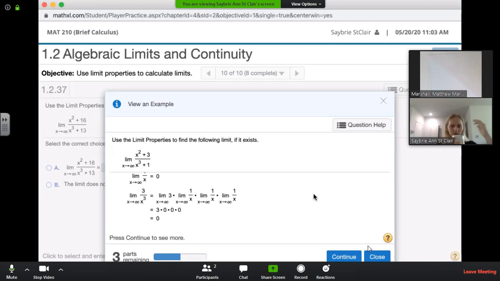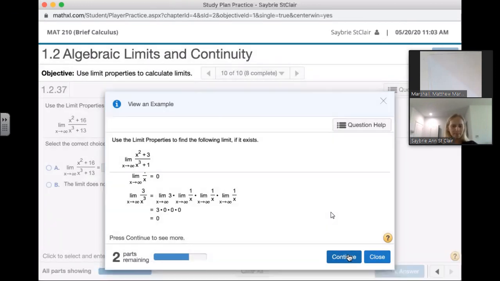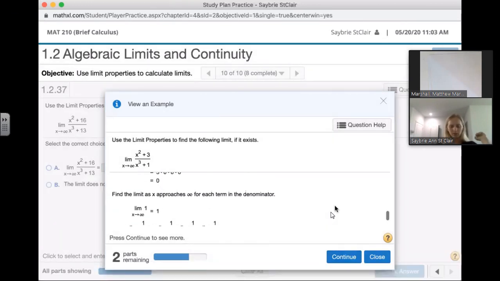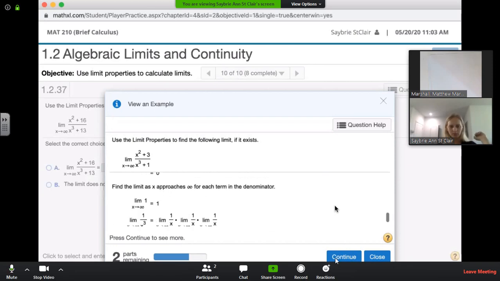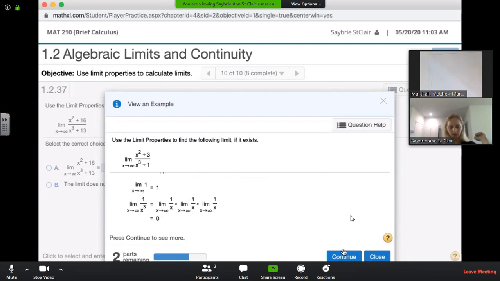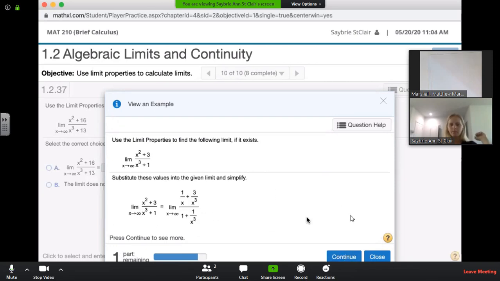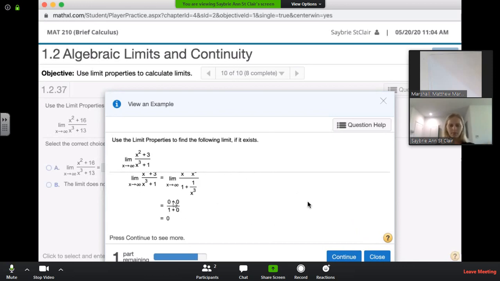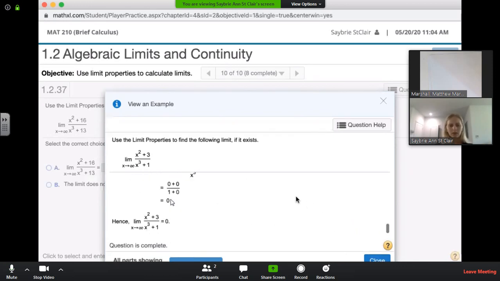Yep, so that's 0, 2, hit continue. And then continue again. Because again, they're just telling you that those fractions turn into 0. So yeah, see how those are zeros there? So that equals 0. Yep, 0.